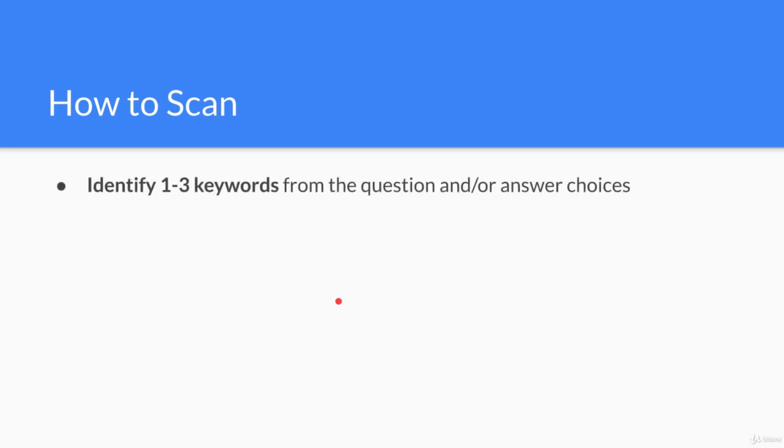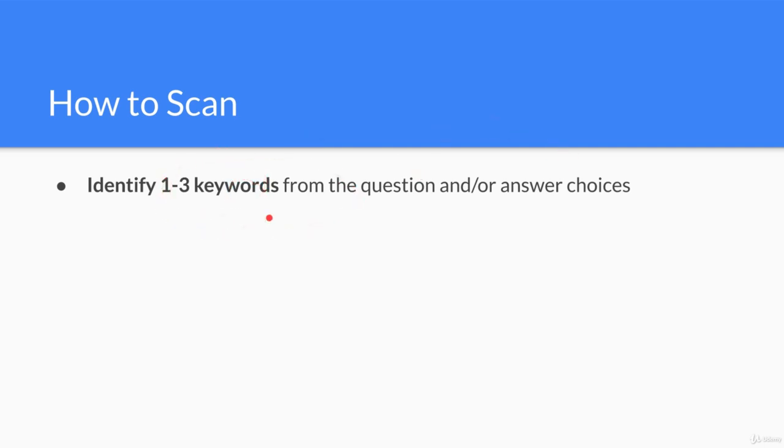Now let's talk about scanning. I told you that scanning is a very important skill to have, so let's talk about how to do that. So in order to scan, what you have to do is you have to identify between 1 to 3 keywords from the question or from the answer choices.